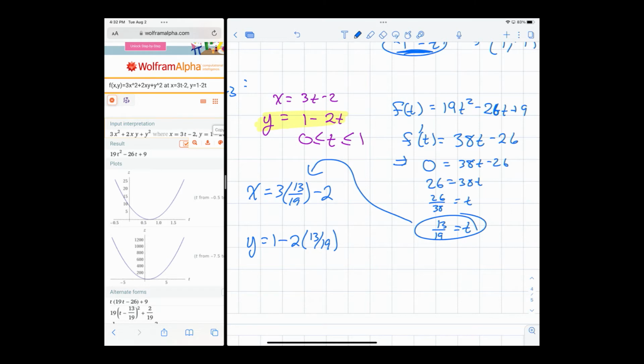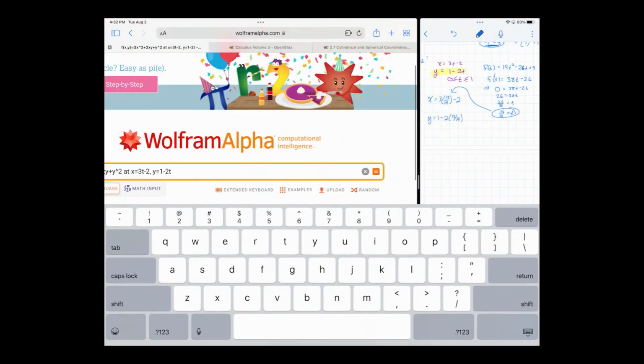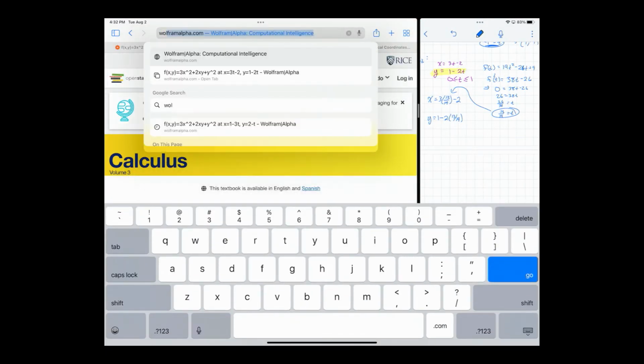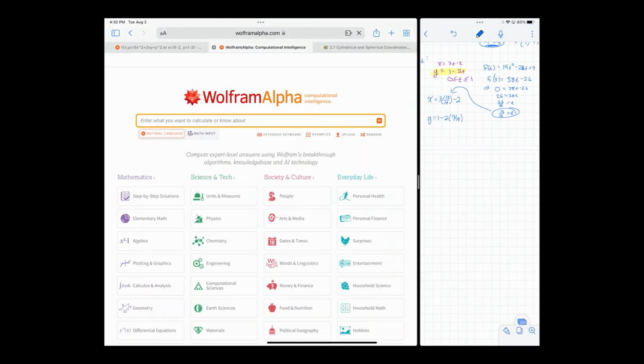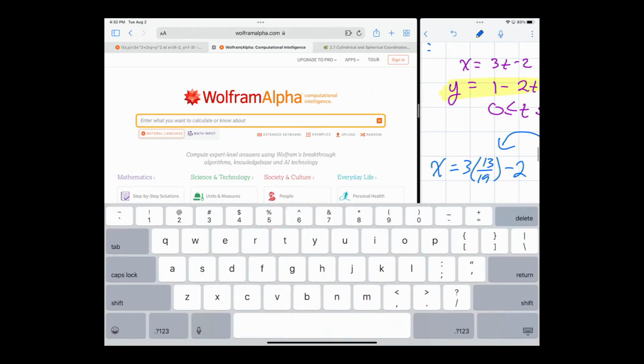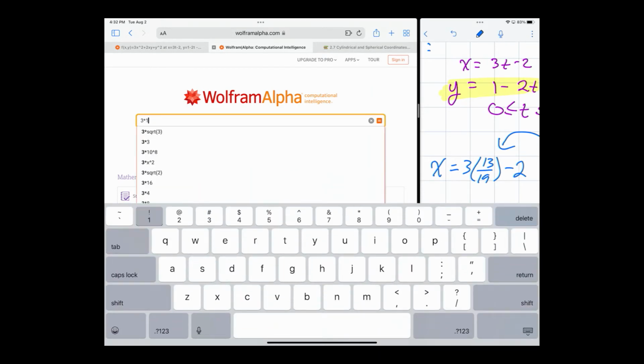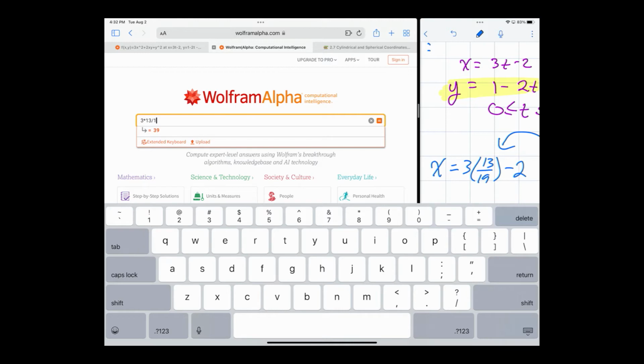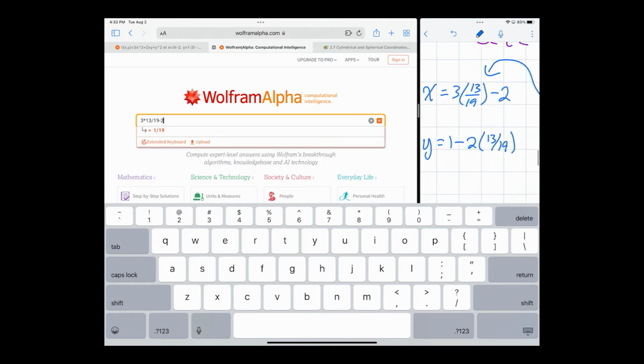Okay, well, we don't need this anymore. Oh, yeah, we do, actually. Going through a lot of trouble to not have to think. 3 times 13 over 19 minus 2 is 1 over 19. All right.